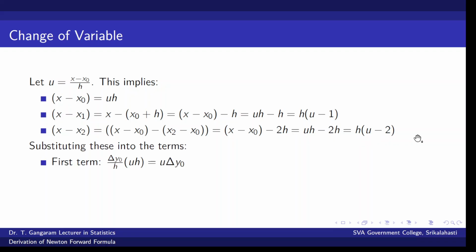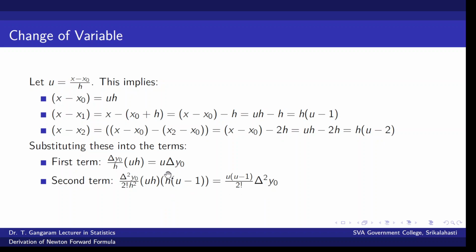Similarly, substituting these into the terms, the first term is delta y0 by h into uh, since x minus x0 is equal to uh. The h gets cancelled, and u into delta y0 remains. Second term: delta square y0 by 2 factorial into h square, into h into u minus 1.